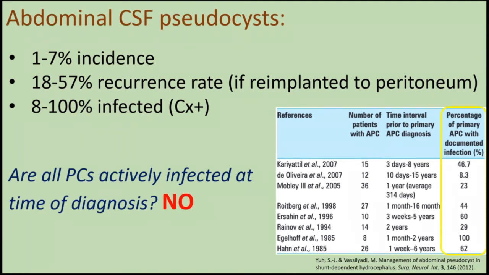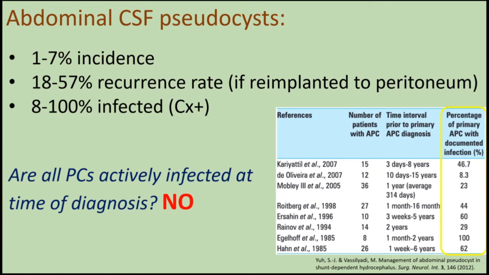Risk factors for pseudocyst formation are recent abdominal surgery like G-tube or appendectomy, shunt infections, prior major abdominal surgery like necrotizing enterocolitis in preemie babies, or, in our experience, potentially a sterile viral gastroenteritis or a spontaneous bacterial peritonitis.